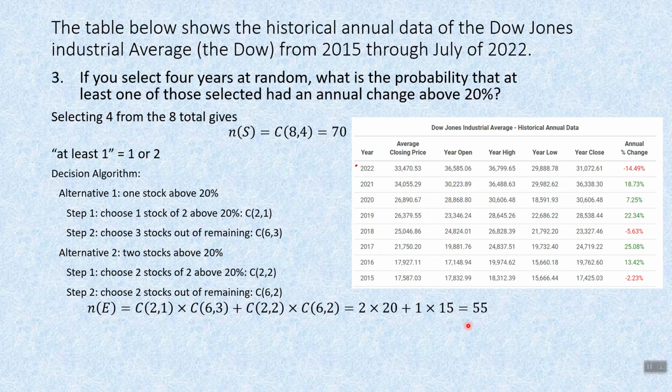And when we work that all out, we'll get 55. So if we want at least one above 20% and we're choosing 4 randomly, we have a 78.5% chance of getting at least one of them. So that's good. Just randomly grabbing 4, that's a pretty good option for it.